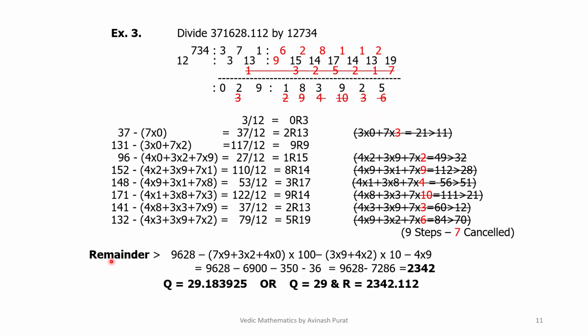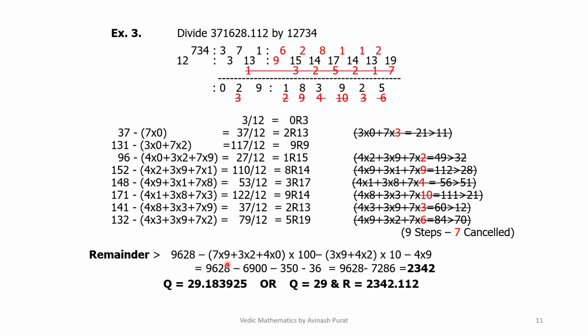So the remainder is 9628 minus 7 into 9 plus 3 into 2 plus 4 into 0 multiplied by 100, minus 3 into 9 plus 4 into 2 multiplied by 10, minus 4 into 9.